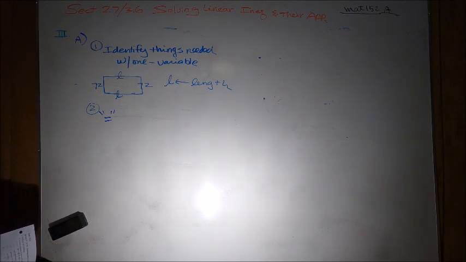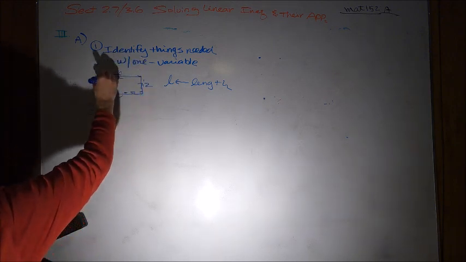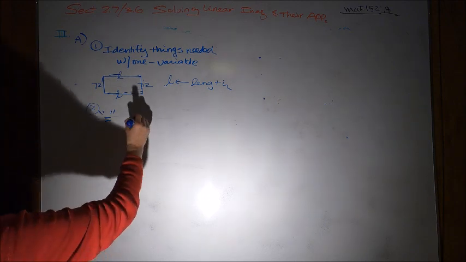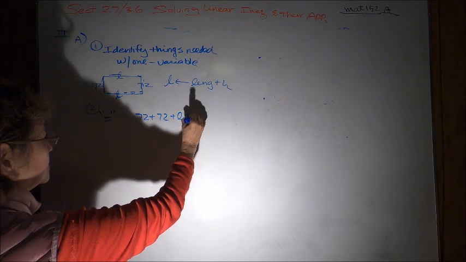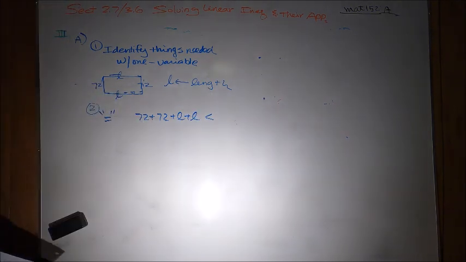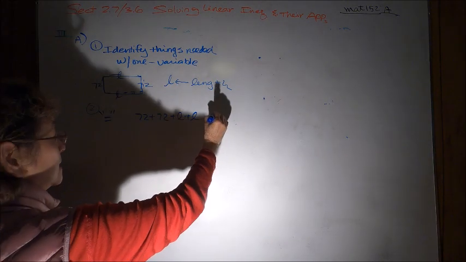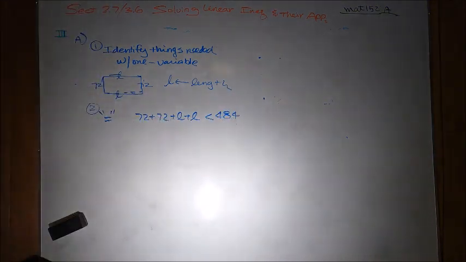What does perimeter mean? All around, right? So all around means you have 72 plus 72 plus L, which has to be less than the total length of material you have, like 484 feet.